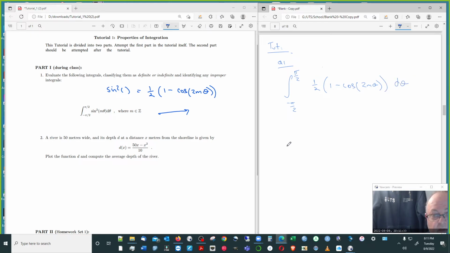And we're doing it with the theta. So this is quite a tricky one in that sense. But I'm exposing you to tricky ones so that you have a little bit of experience with it.